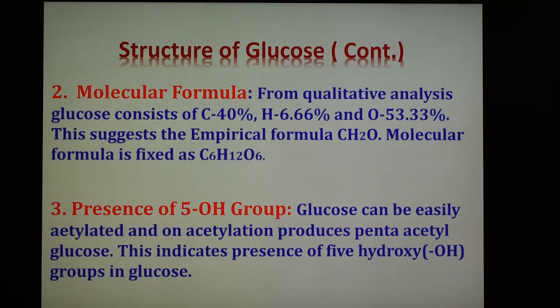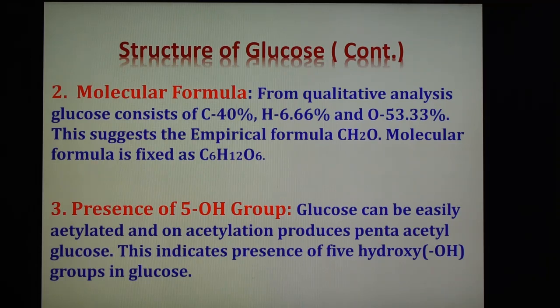This suggests the empirical formula CH2O, and the molecular weight of glucose from the depression in freezing point method is 180. Therefore, the molecular formula is fixed.